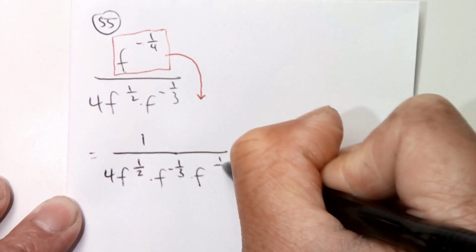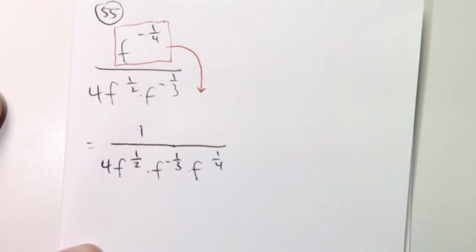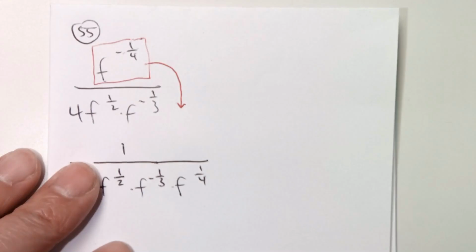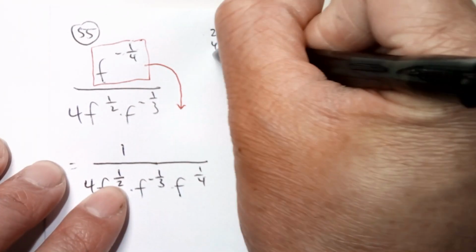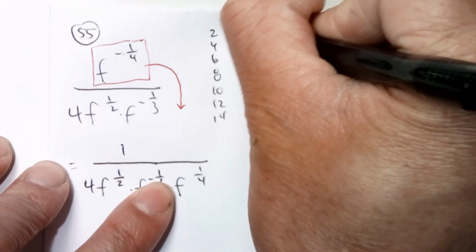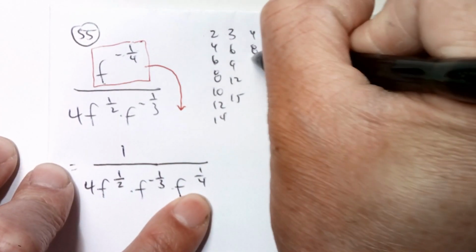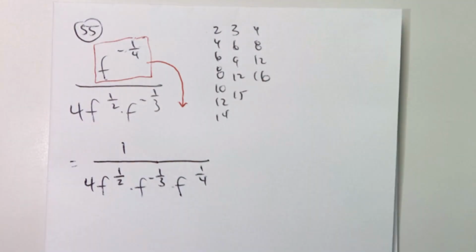Now they're all downstairs. 4, f to the 1/2, f to the -1/3, f to the 1/4. Okay, so notice the negative sign is now gone. Now I have all the same base of an f, so I'm trying to figure out, well, what's the common denominator? So you can just multiply these out, all your multiples, 2, 4, 6, 8, 10, 12, 14, 3, 6, 9, 12, 15, and then count by 4s, 4, 8, 12, 16.